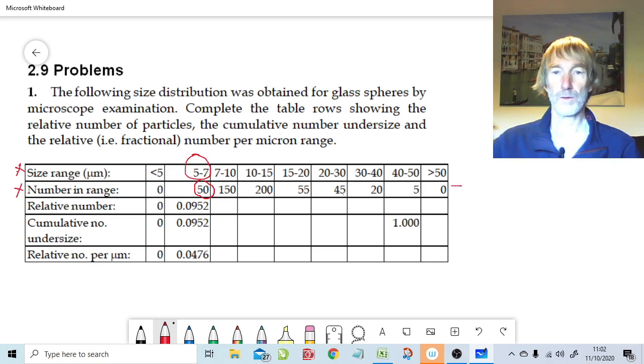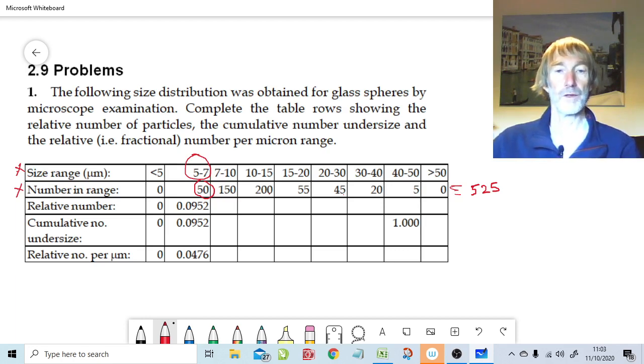So this all sums to 525 particles. So that is essential information for calculating the relative number. We know we've got 525 particles in total.